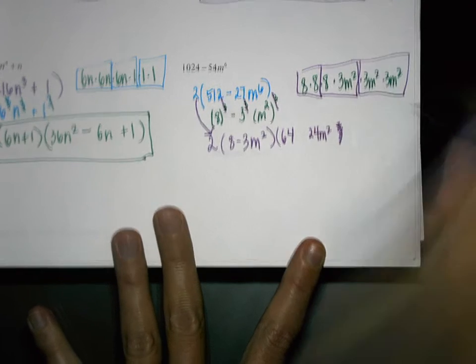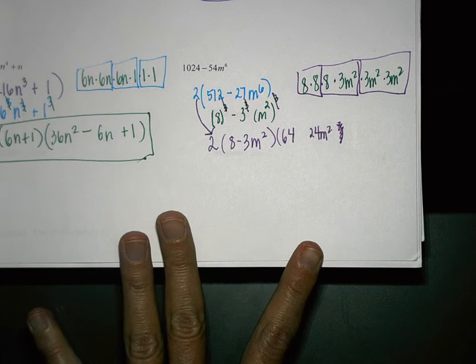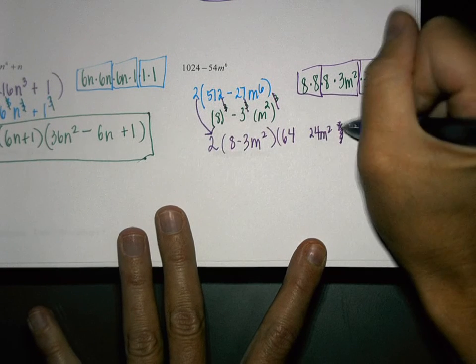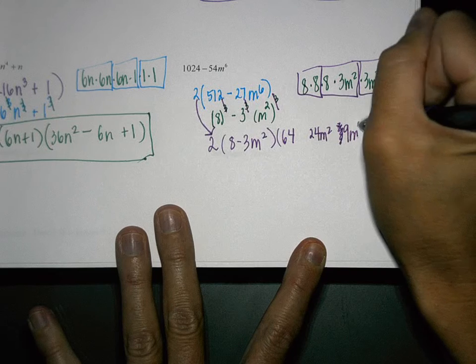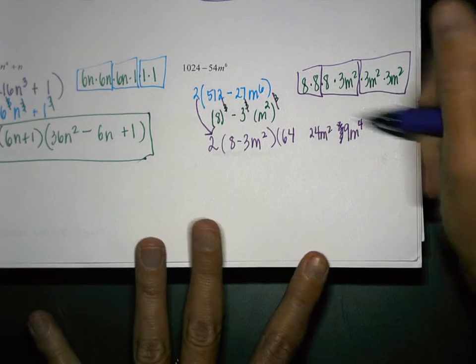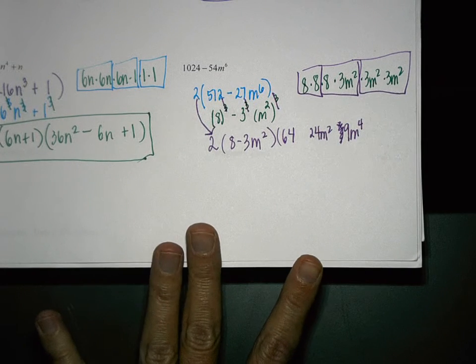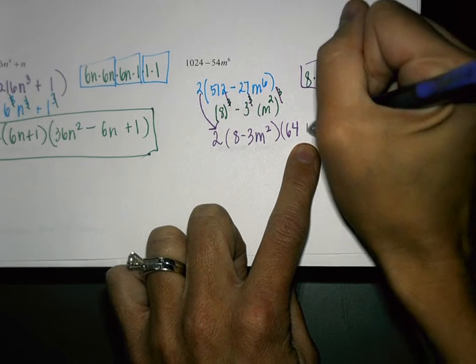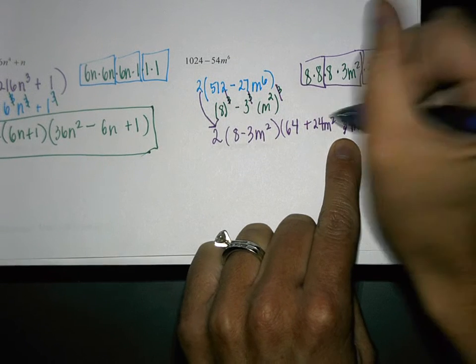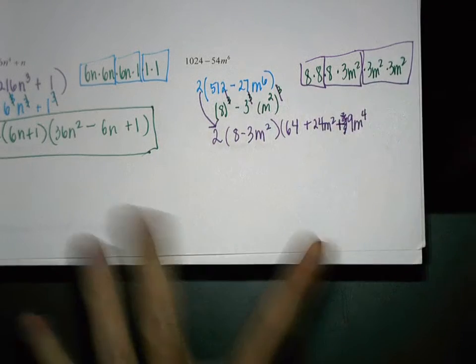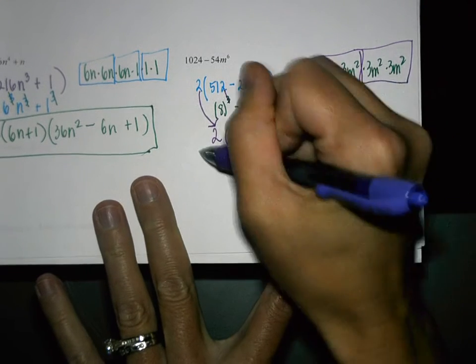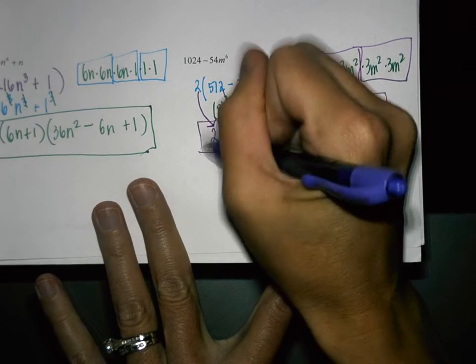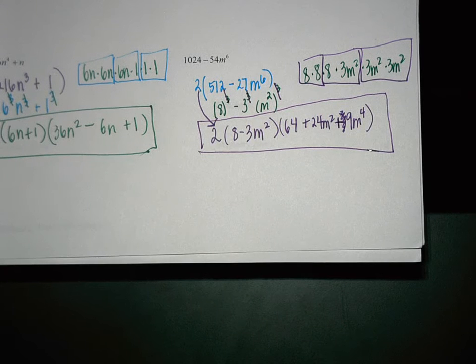And then my last one is going to be what? 9m squared times 9m squared, so 9m to the 4th. Good. Okay, so now we're going to get our signs. What sign is going to go here? Opposite. And then here is going to be always positive. Okay, do we have questions?